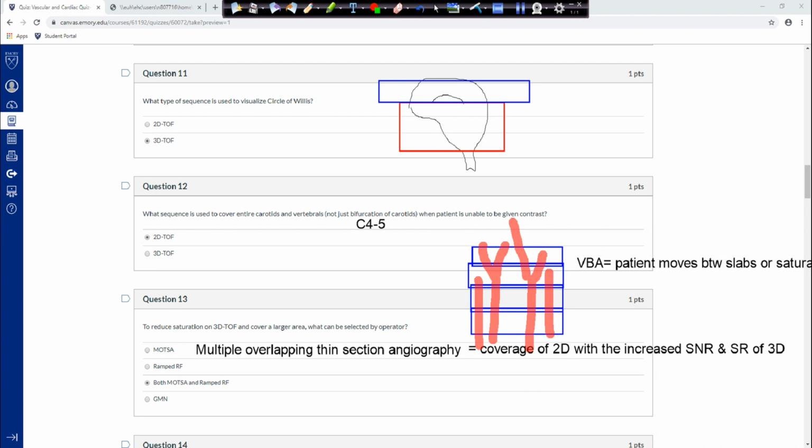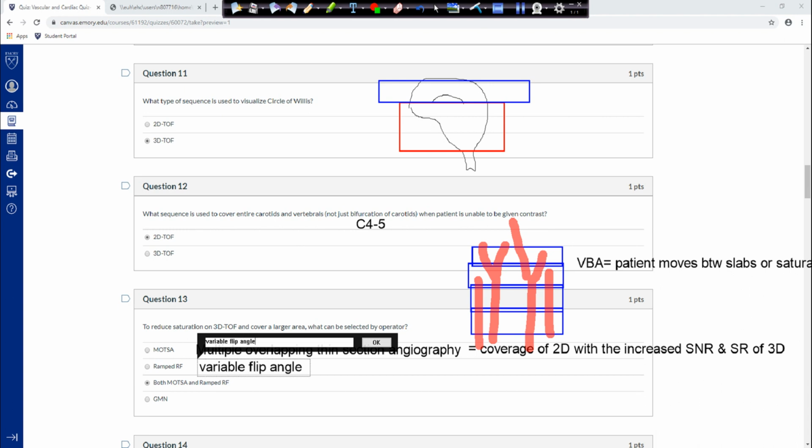What does it mean with ramped RF? What's changing with the ramp? Good. So we have a variable flip angle.